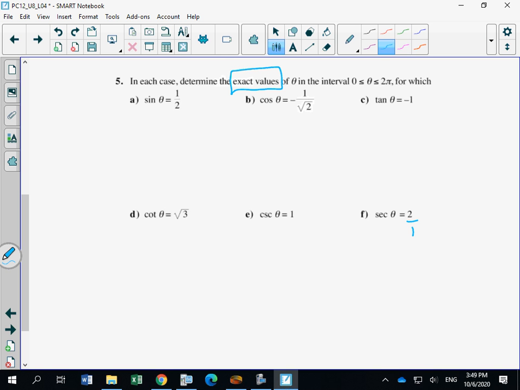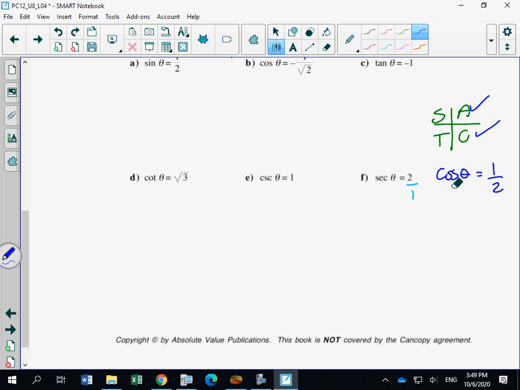Secant theta is the reciprocal of cos theta, and that's going to be 1 over 2. You would draw yourself your CAST and say, okay, where is cos positive? Put check marks in those quadrants. It's positive in quadrant 4 and in quadrant 1.